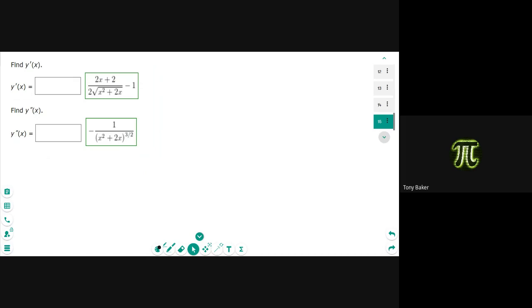So the horizontal asymptote, we actually go back to the original problem, which was square root of x squared plus 2x. Which one did you have? X squared plus 5x, minus x. So we're looking at this as it goes to infinity.